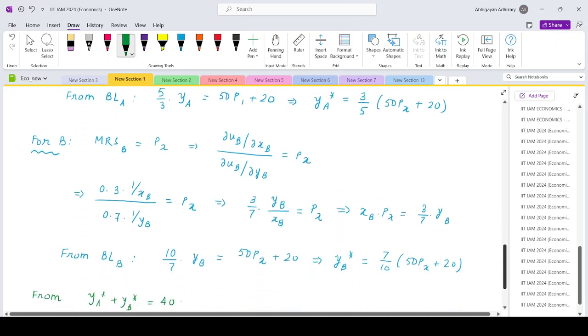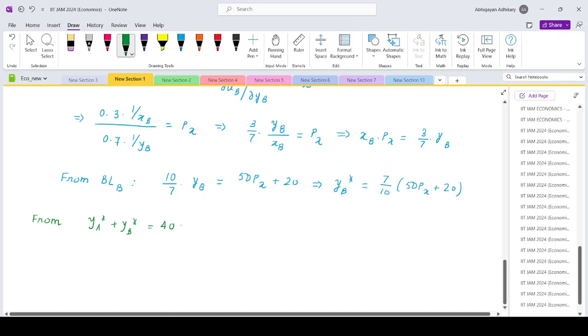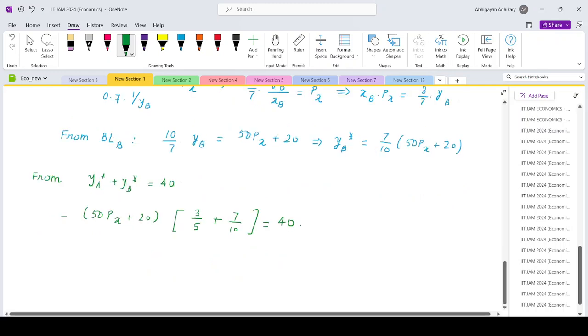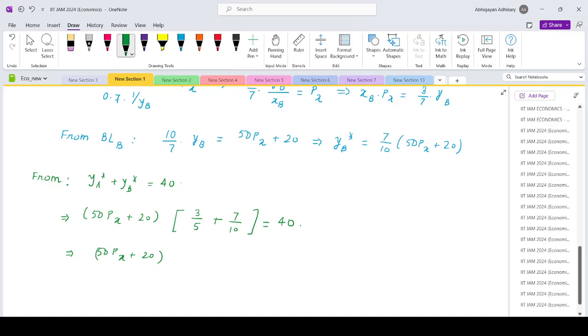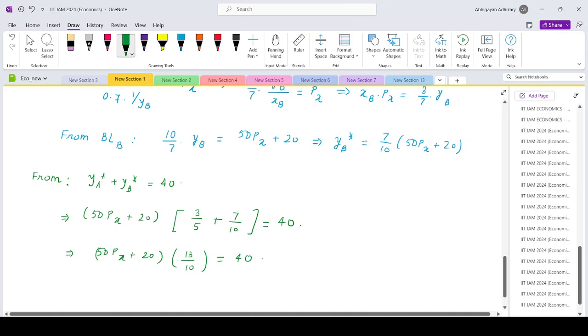If we replace the values, the 50 Px plus 20 part will be common, and you will have 3 by 5 plus 7 by 10, which is 13 by 10, multiplied by it is equal to 40.